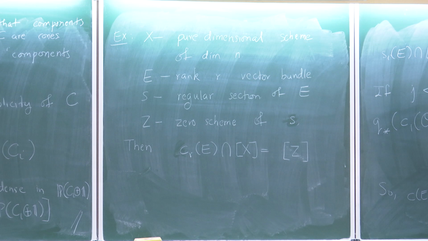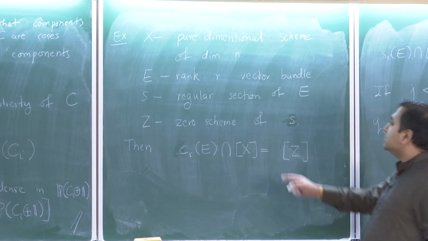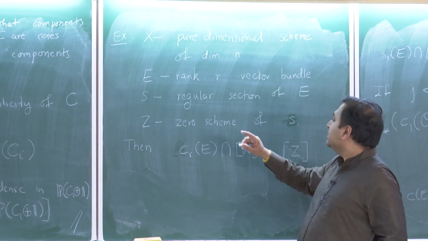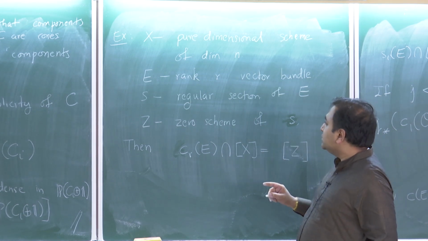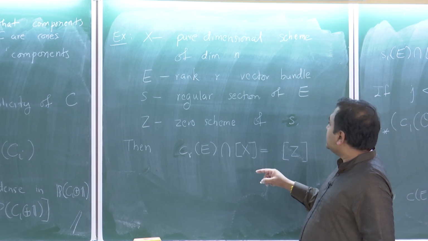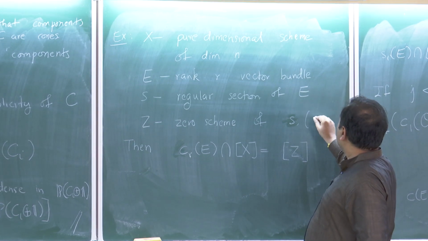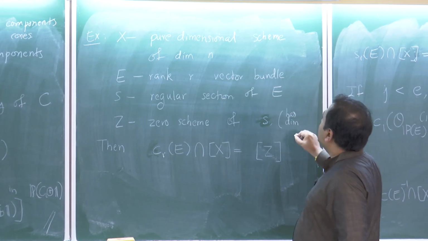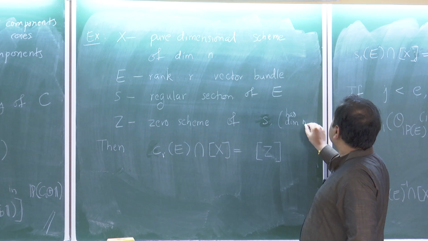Okay. So one thing is, what is a regular section? This is something I actually was confused about, but the main thing that you need is that this has dimension n minus r.